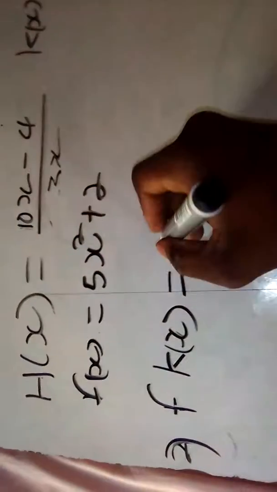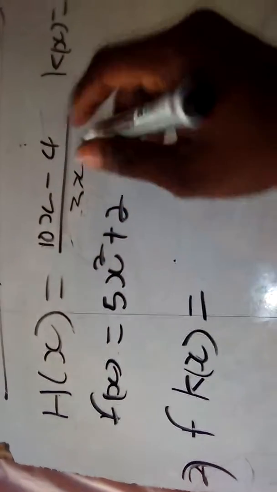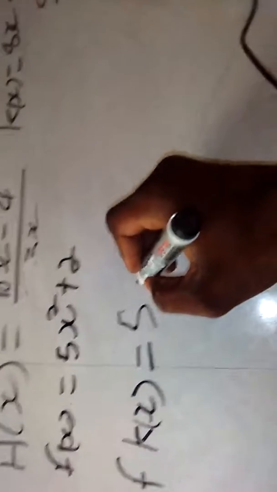The one we are going to write first is the f function, which is 5x squared plus 2, and pay attention here. I'm going to write 5, and where the x is, you put a bracket.